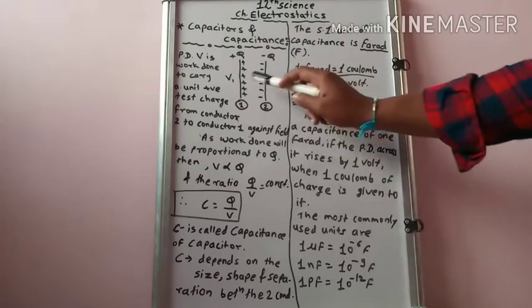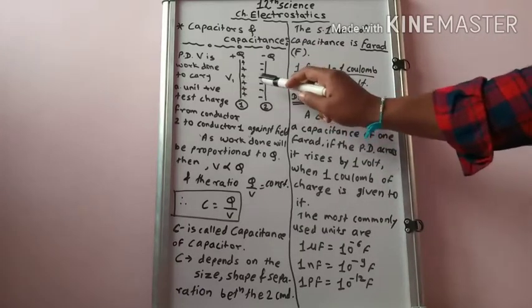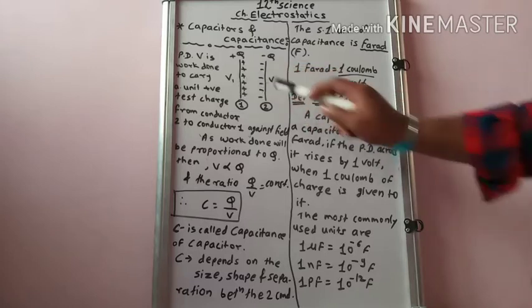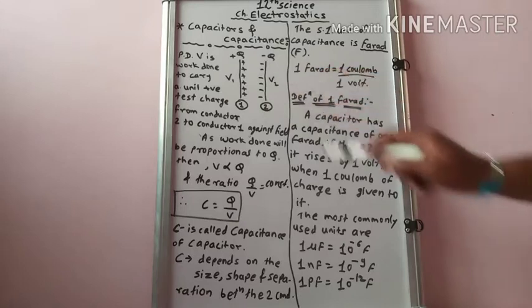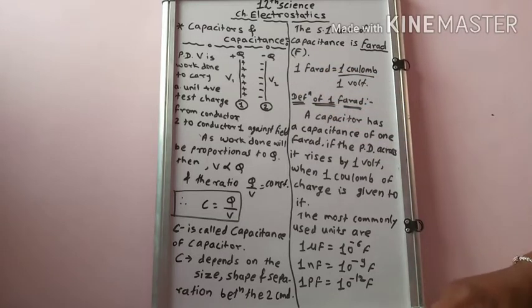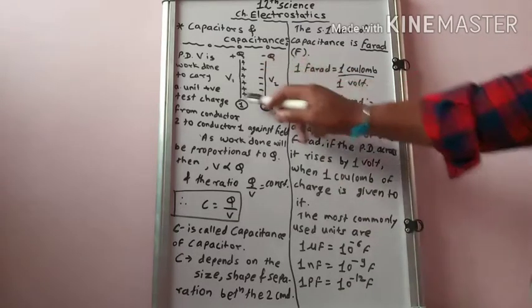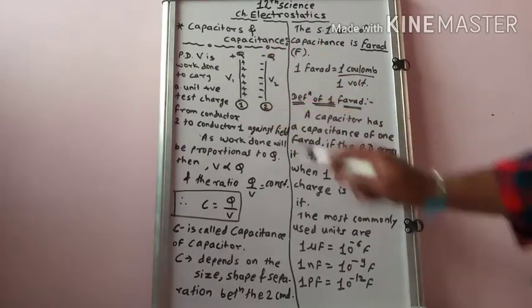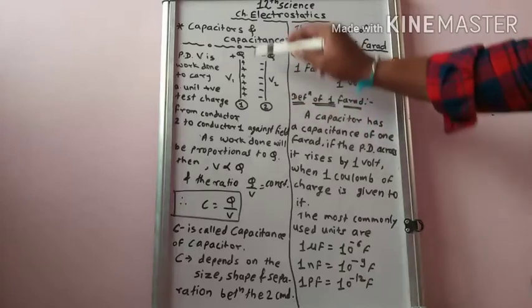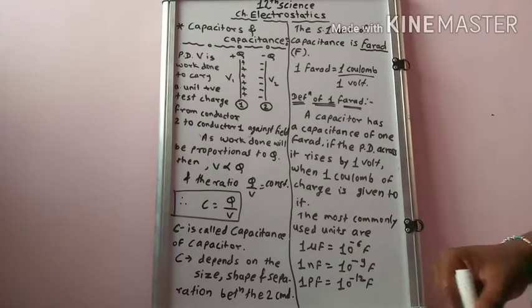The potential difference is capital V, which is equal to V1 minus V2. This is the potential difference across these two conductors, which are separated by some distance, and the separation is filled with the dielectric medium.